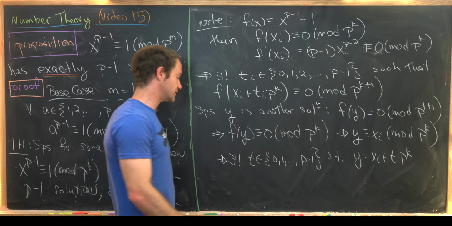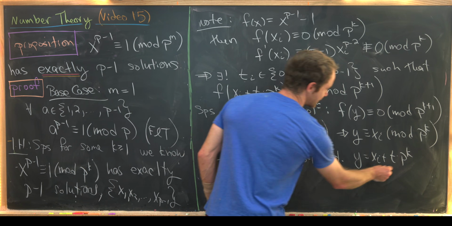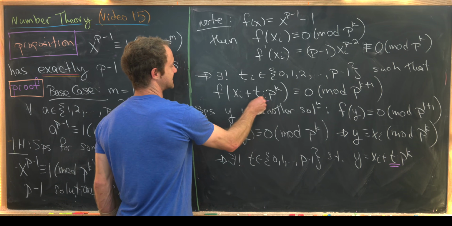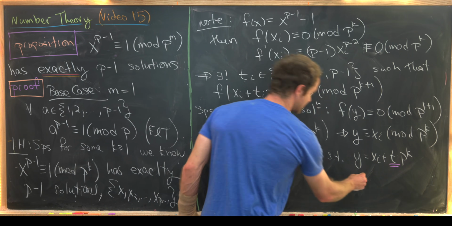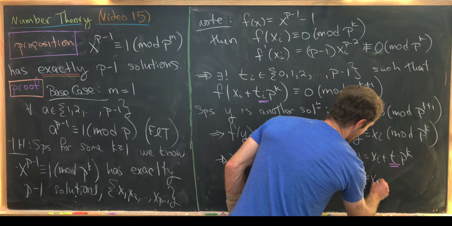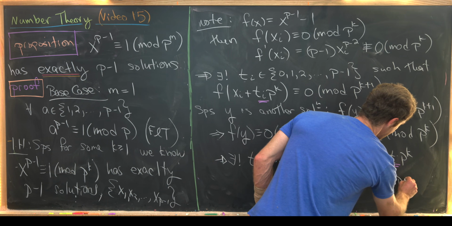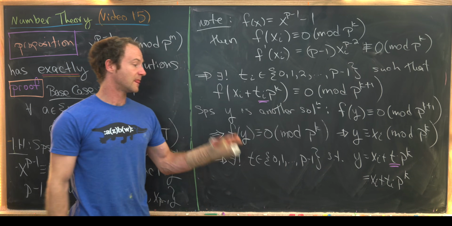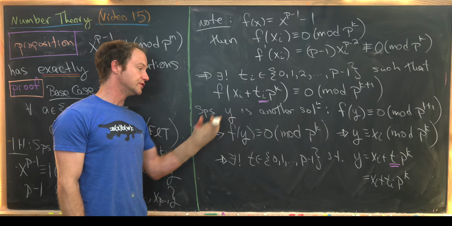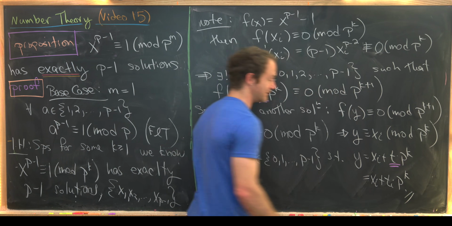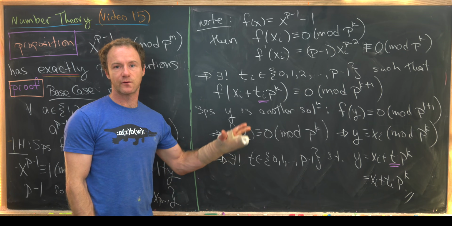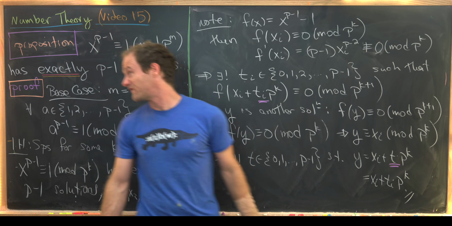But then we know that those t's are unique. So this t is the same thing as this ti, which tells us this is equal to xi plus ti times p to the k. In other words, our new solution was actually one of our old solutions. And so that means we have all of the solutions for our induction step, and that finishes the proof of this proposition.